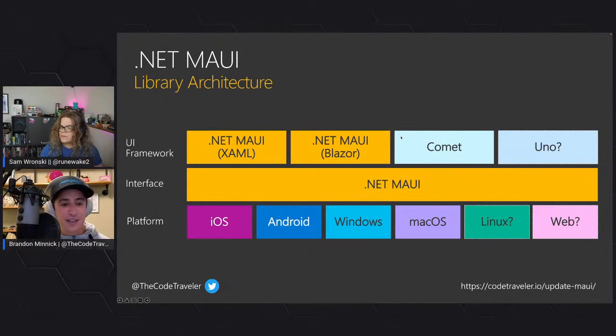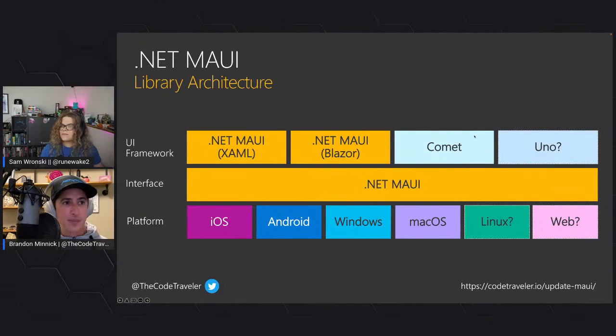Likewise, we have an experimental new framework called Comet. This one's really exciting because it uses a completely different architecture. So with .NET MAUI, or with Xamarin Forms and the XAML approach, everything is done with the Model View ViewModel architecture, also known as MVVM.